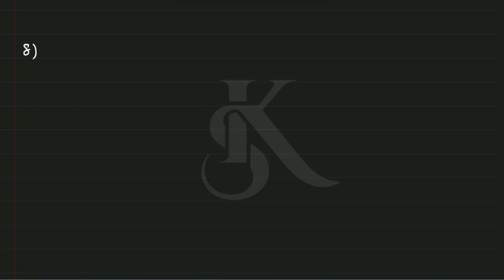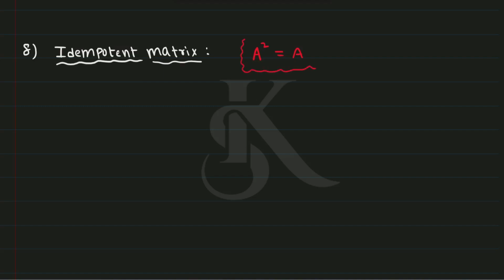Idempotent matrix. Here you have to remember A square equals A. If this happens, then the matrix is called idempotent.